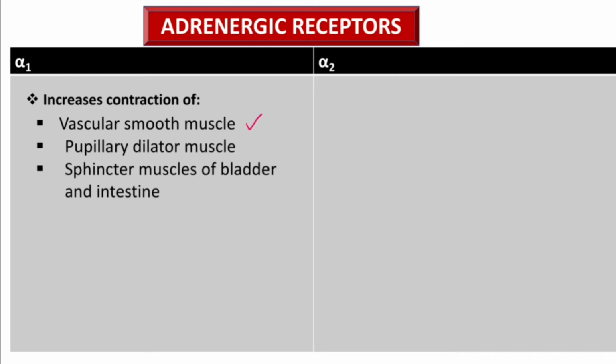So if you activate these receptors on the skin, there will be vasoconstriction because of this contraction, and the skin of a person will become pale because there is less blood supply on the skin, right?